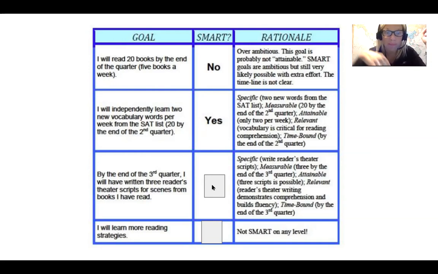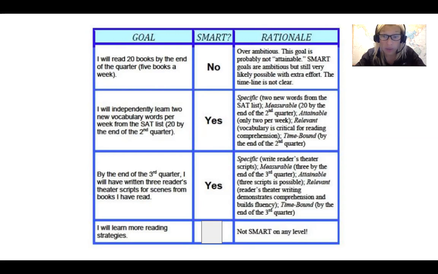About the third one. By the end of the third quarter, I will have written 3 Reader's Theater scripts for scenes from books I have read. That sounds really good. Is it SMART? Yes. So specific, right? Write Reader's Theater scripts. So that is what the student is doing.